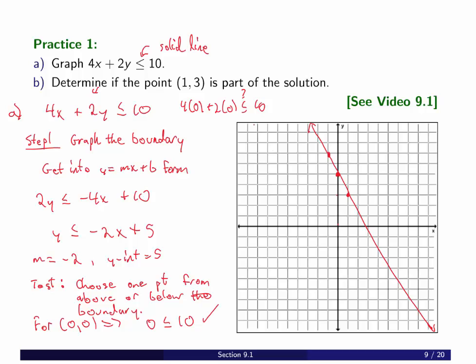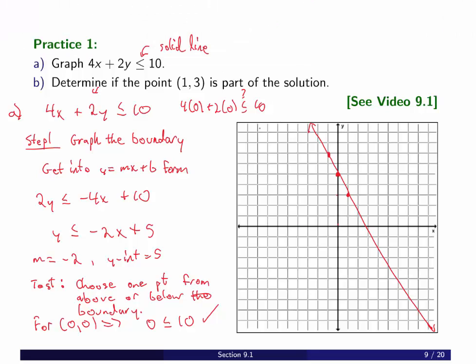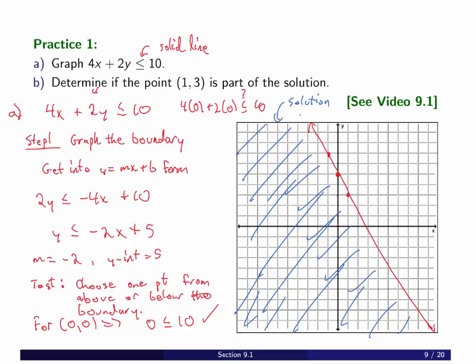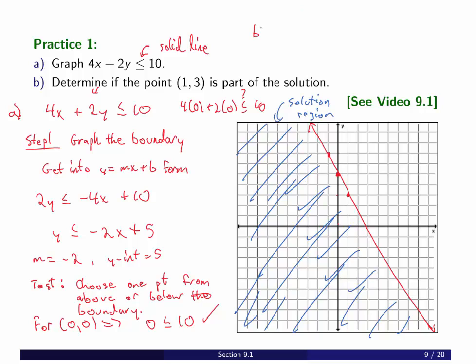So like I said before, we're going to shade in this entire region underneath the boundary, using straight lines, and I'll call this the solution region. And that's it for part A.